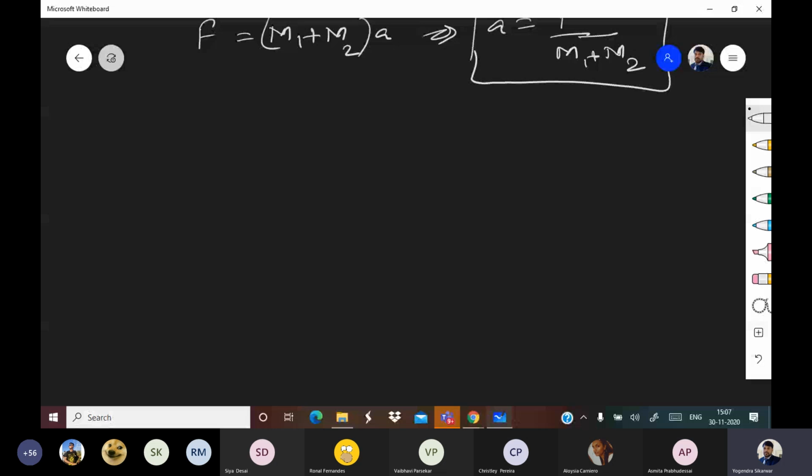The question says find, number 1, the acceleration of each block, and after that you need to find the tension in each string.